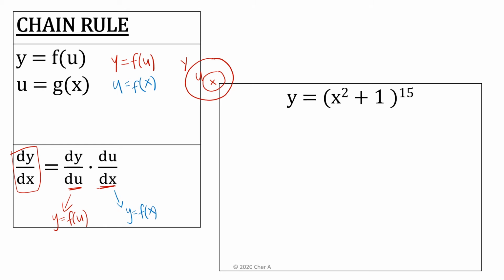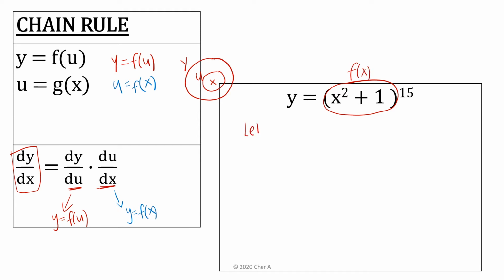In this example, we have y equals x squared plus 1 in brackets to the power of 15. Let's look for our function of u first, then our function of x. As you can see, in this bracket we have x squared plus 1, so this will be our function of x.